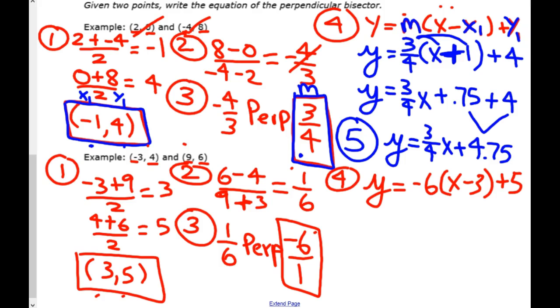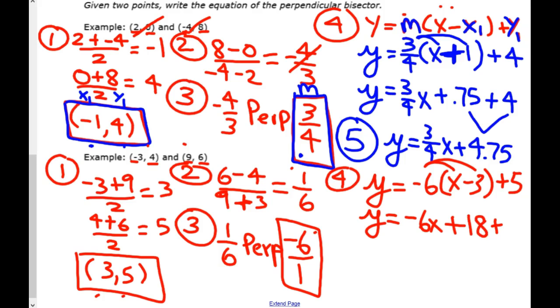Almost done. Now we got to distribute and combine like terms. So negative 6 times x, negative 6x. Don't forget this part. Negative 6 times negative 3. Negative times negative gives me a positive. 6 times 3 is 18.